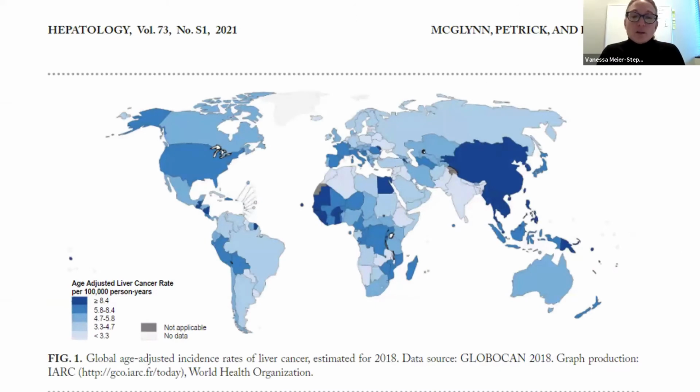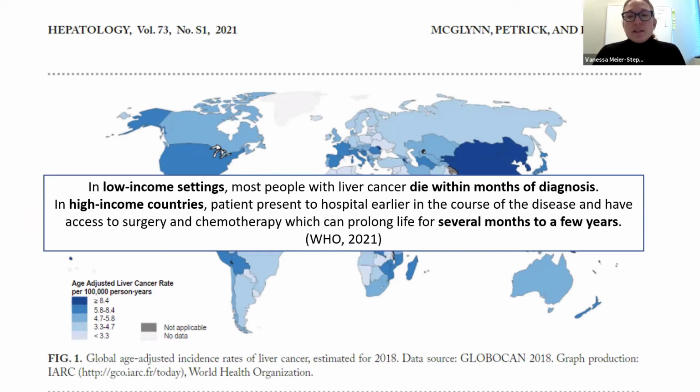When we look at the global prevalence of liver cancer, this has very different rates and implications. While I mentioned that, with treatment and interventions, we can change and reverse this, in many places that's not the case, and it isn't an option. So in low-income countries and low-income settings, many people will die of liver cancer within months of their diagnosis.